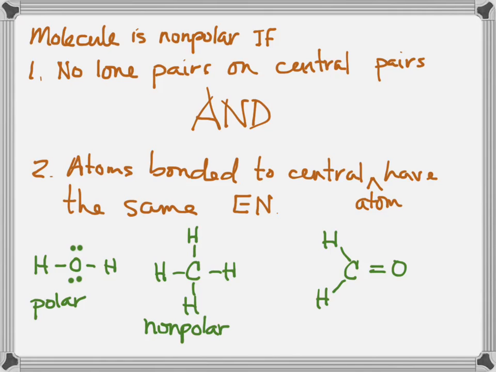There's going to be a net dipole moment, and so this is polar. Any questions? It's not foolproof, but it works most of the time, and it's easy. And so something that's easy and works most of the time is pretty good in my book.